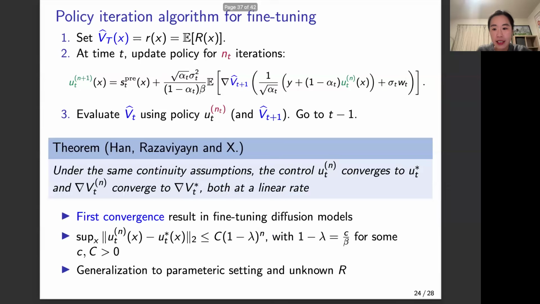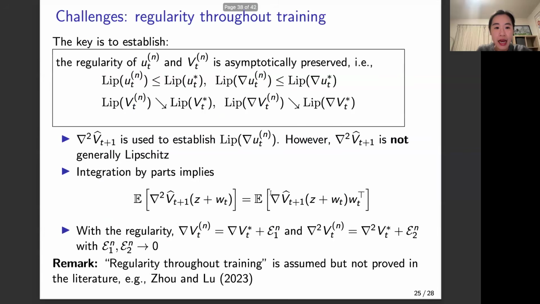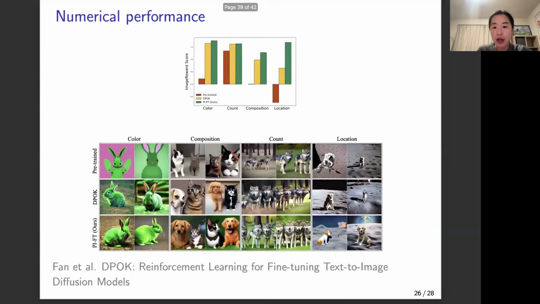We can show that if we use the iterative policy iteration algorithm, both the control and the gradient of the value function have a linear convergence rate to the optimal one. And one challenge is that we need to show theoretically that the regularity is maintained throughout training, which is non-trivial at all, which is the key thing we established in the paper, but I'll skip that.